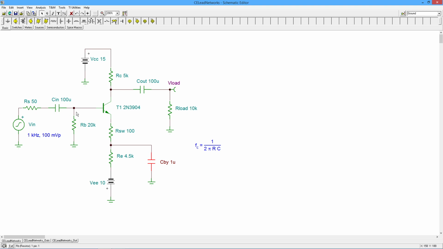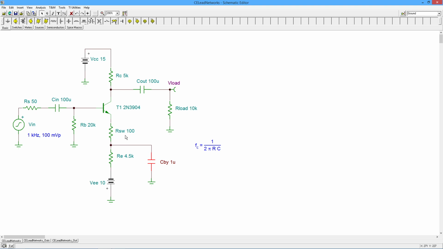Just like when we're in the base, whatever's out here in the emitter looks beta times bigger, like Z in base. When we look the other way, everything out here looks beta times smaller. So this whole thing divided by beta is going to be a fraction of an ohm. And consequently, what we see is essentially the 100 and the R prime of 13. So, 113 ohms in parallel with 4.5K, which is about 113 ohms.